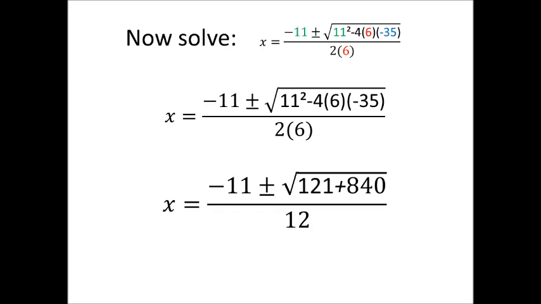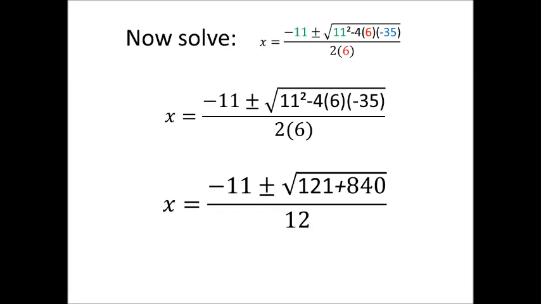So 11 times 11 is equal to 121. So next we multiply negative 4 times 6, which is equal to negative 24. So we multiply that negative 24 times negative 35, which gives us a positive 840.